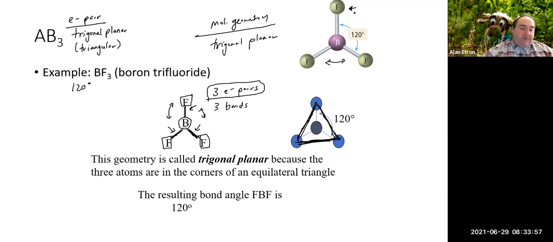The best they can do in this situation is about 120 degrees away from each other, creating this equilateral triangle that you can see there. And again, this is what is referred to as trigonal planar. Any questions on that?